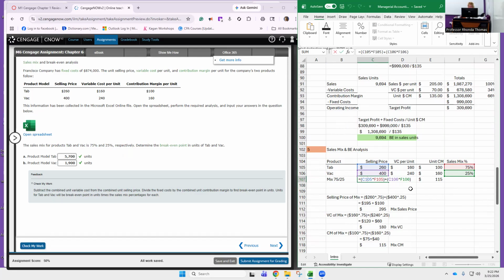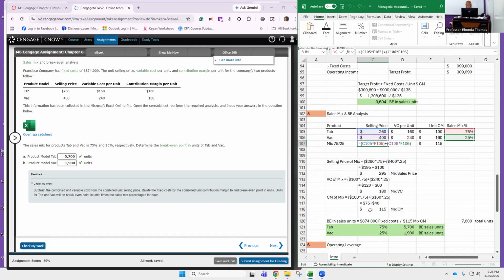Okay, that's how you do it. So here it is. The selling price is 260 times 75% plus 400 times 25%. When you get those two numbers, you add them together, and then the mixed sale price is $295. Okay, and you do that for the variable costs and the contribution margin.